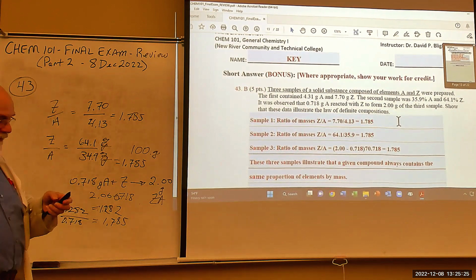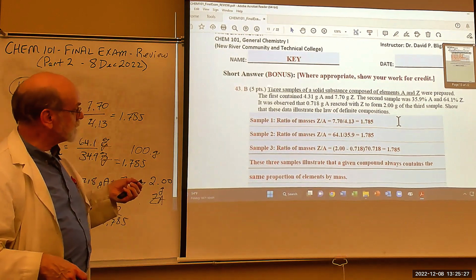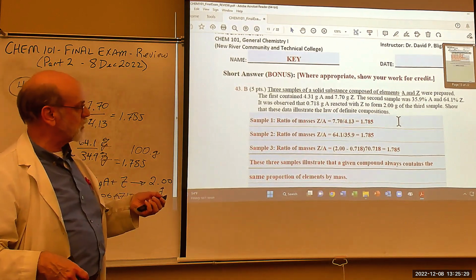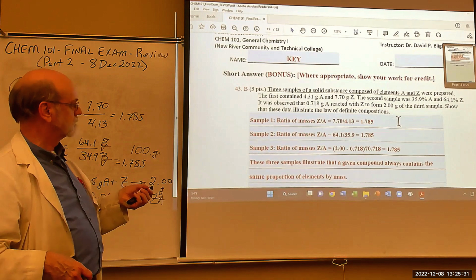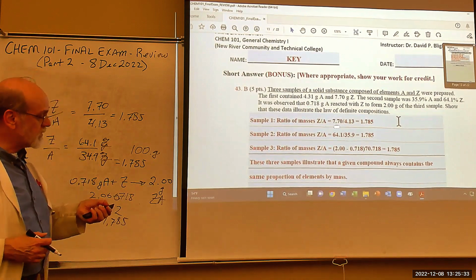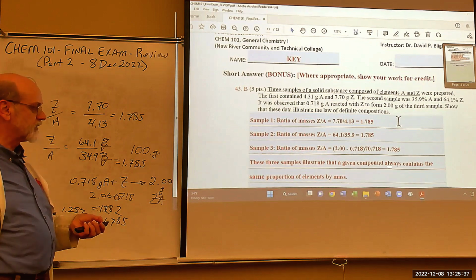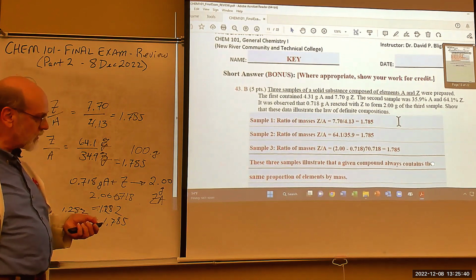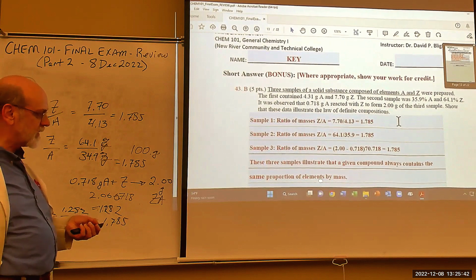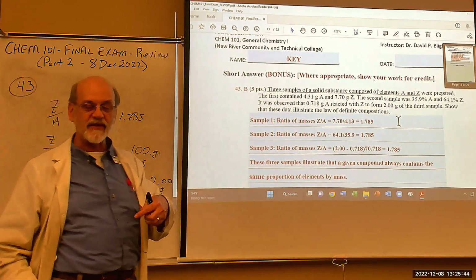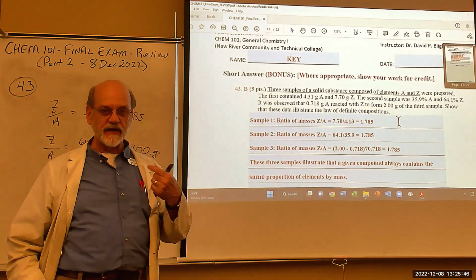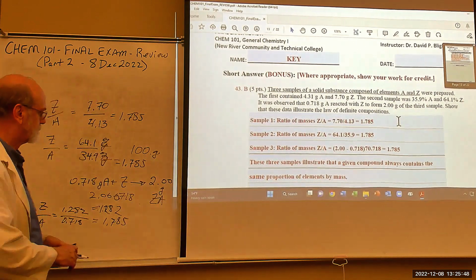The first statement says 3 samples of a solid substance composed of A and Z, and the mass ratio is the same for each one. These 3 samples are of the same compound, and they always contain the same proportion by mass of each element. That's the law of definite proportions.